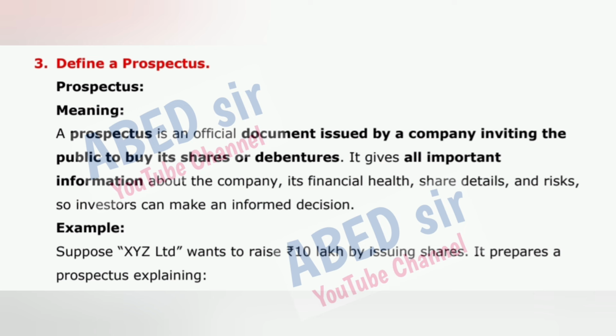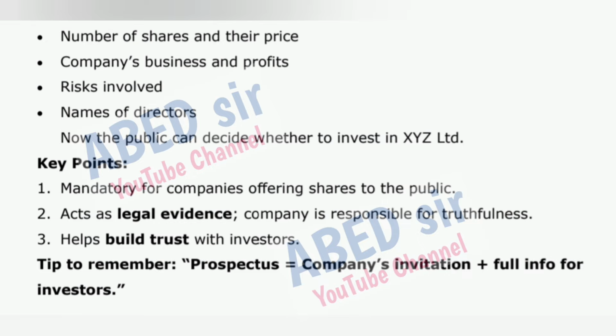Example: suppose XYZ Ltd wants to raise 10 lakh rupees by issuing shares. It prepares a prospectus explaining the number of shares and their price, the company's business and profits, risks involved, and names of directors.